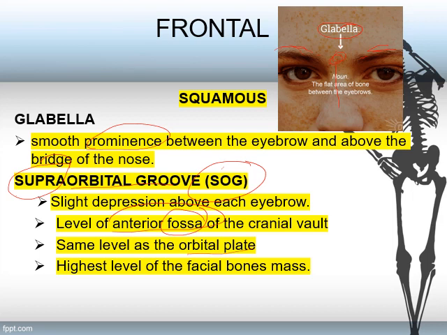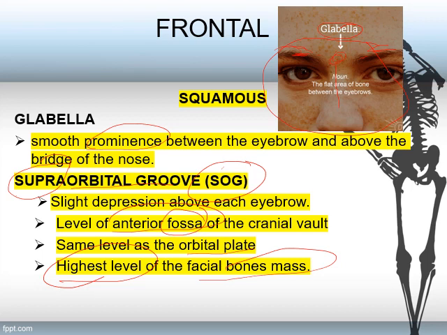And the SOG is the highest level of the facial bones mass. So, ito yung facial bones natin. Halimbawa, yung pinaka-highest portion niya is the supraorbital groove.